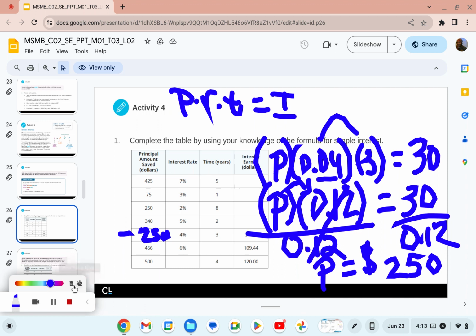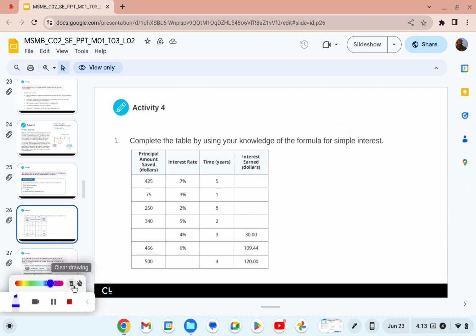All right. So let's get rid of this and move on to interest rate. We'll do this one next. Now for interest rate, remember our formula says P times R times T equals interest earned.